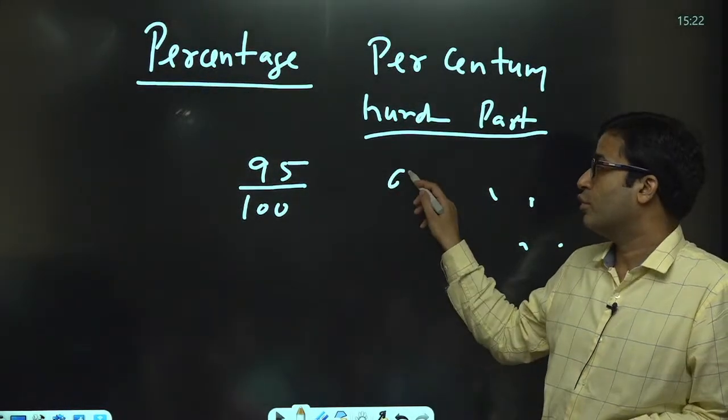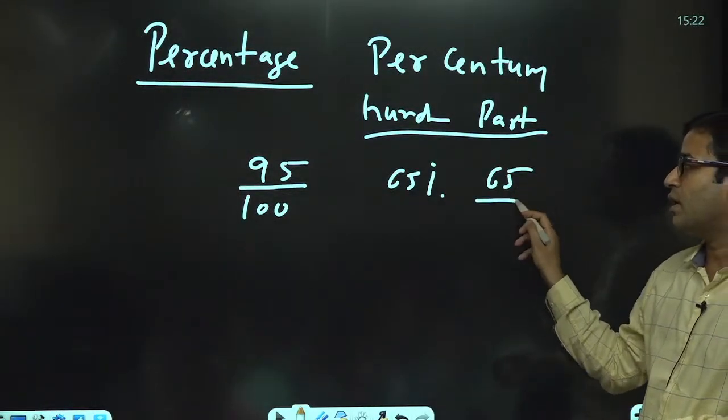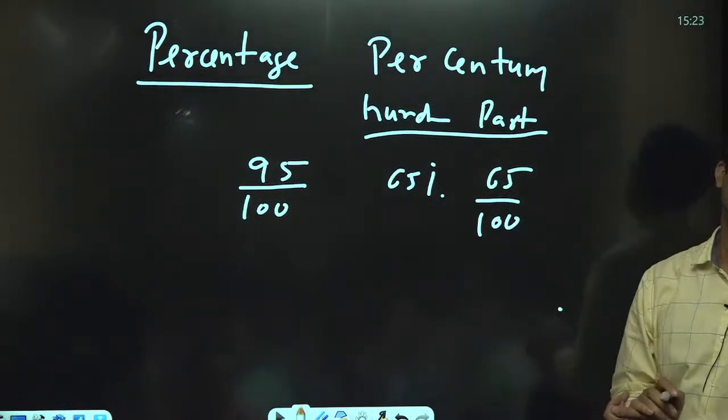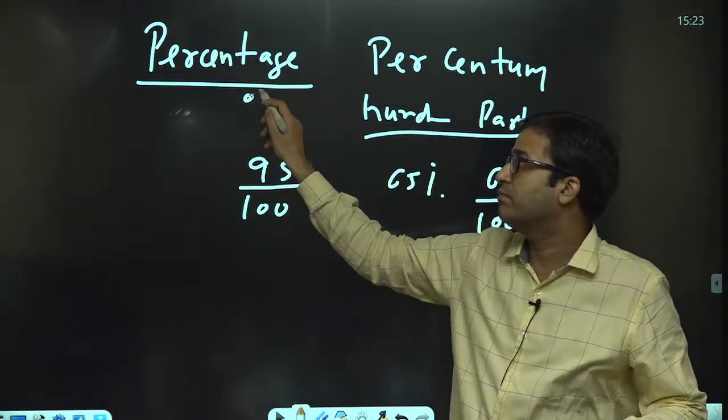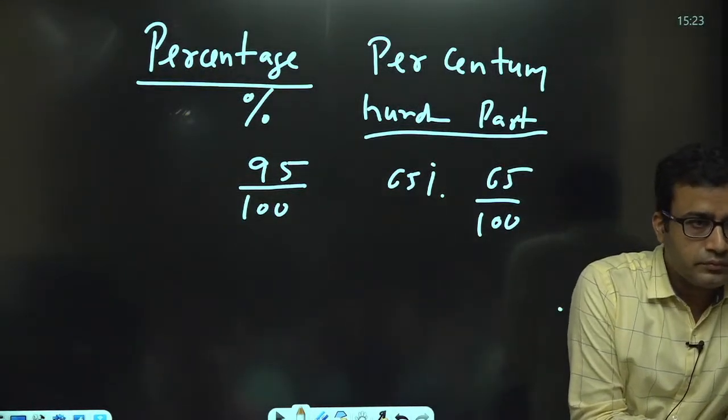Okay, if you got 65% marks, how will we write? 65 part out of 100 part is 65, and the symbol is this. This is the symbol of percentage.